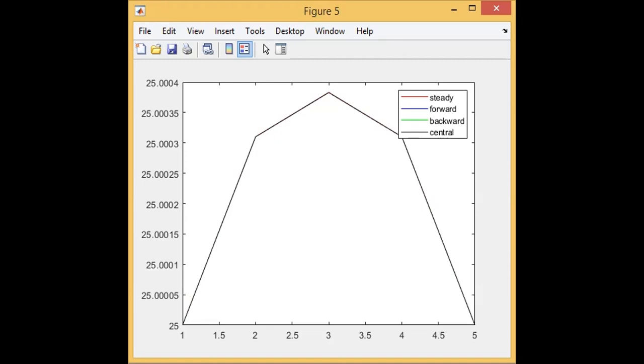Obviously, this is something which you expect also. You don't really expect that the temperature solutions of a transient process, which you obtain either by forward, backward, or the center, to be something else when you compare it with the steady state solution. Obviously, this is not what is expected.